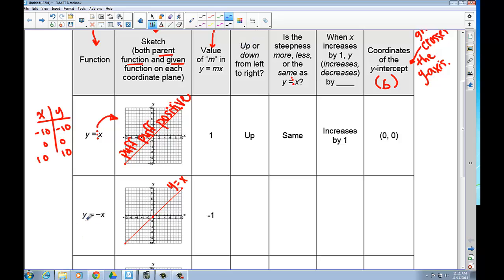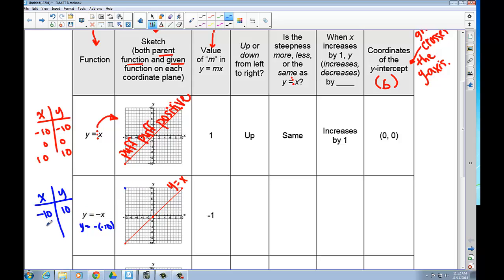And now they want us to graph y equals negative x. So we can do an x-y table right here. What happens if we put negative 10 for x, when we substitute in negative 10? So we'll have y equals negative negative 10. What does our y become? Positive 10. Okay. So we go negative 10, positive 10.